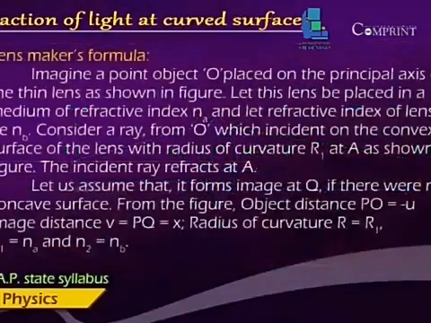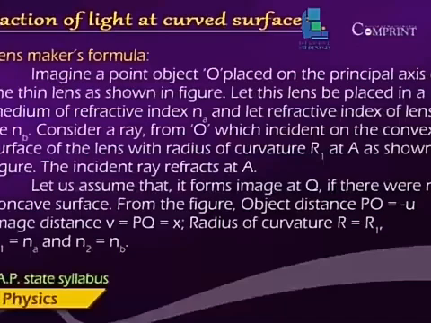The incident ray refracts at A. Let us assume that it forms image at Q if there were no concave surface. From the figure, object distance PO is equal to minus u. Image distance v is equal to PQ is equal to x. Radius of curvature R is equal to R1.